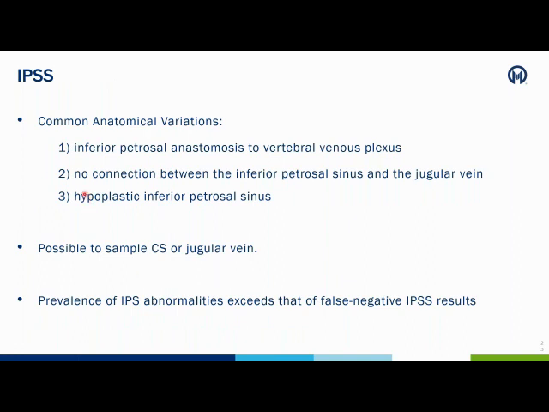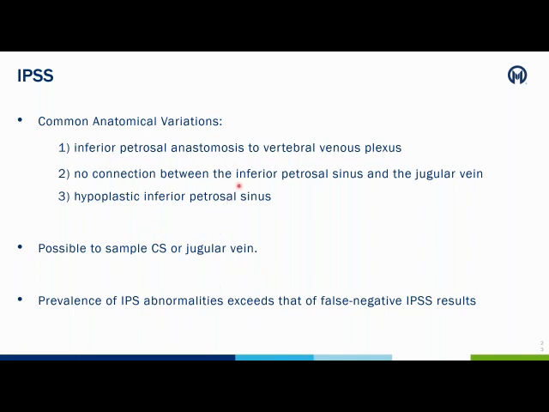Common issues with the IPSS are anatomical variations, such as the inferior petrosal sinus anastomosing to the vertebrovenous plexus, so we may not have the catheter in a good position, or the blood sample is not a true representative of the venous outflow of the pituitary gland.